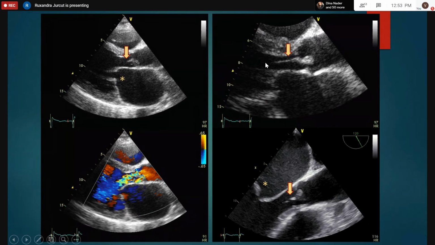It's a long vegetation. Here it gets like a filament, it's thin. And also we can see it here and here, there seem to be two regions of communication. And here we see there are two flows, jets in color, meaning that this vegetation might have perforated the aortic valve, giving a severe aortic regurgitation.